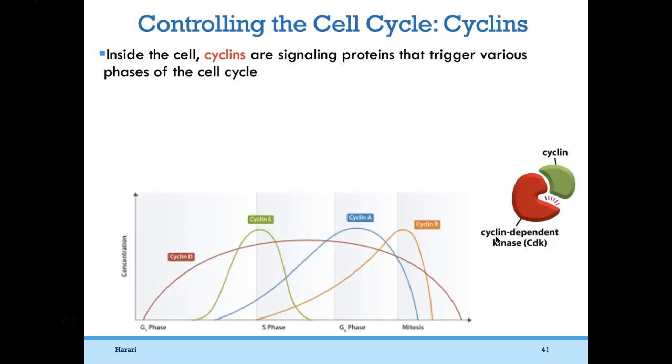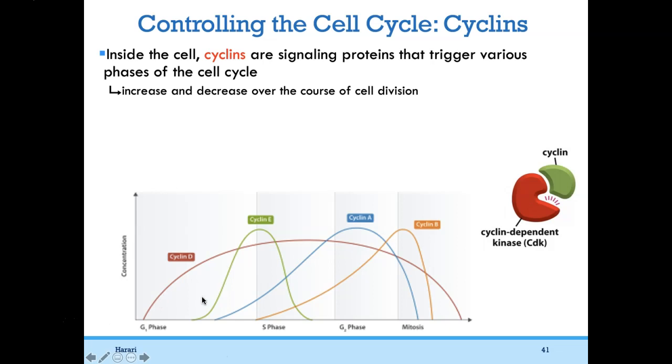Inside of the cell, there are other proteins called cyclins. And cyclins are signaling proteins that trigger the various phases of the cell cycle. Cyclins are called cyclins because their concentrations increase and decrease. They cycle over the course of cell division. And there are different cyclins.